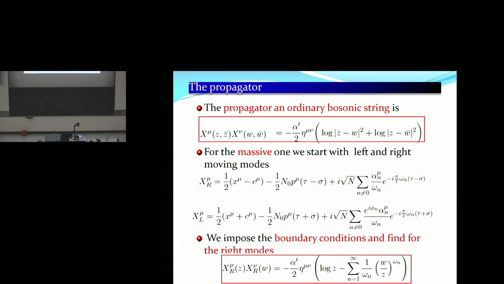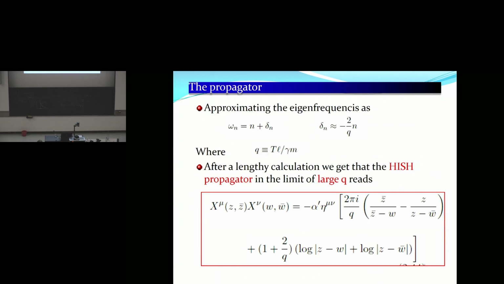But these eigenfrequencies are different for the string with massive endpoints. For the limit of small masses, we argue that that's the correction. With that, we now want to plug it back into the expectation value of vertex operators, which we don't know yet what they are, and calculate the scattering amplitude.